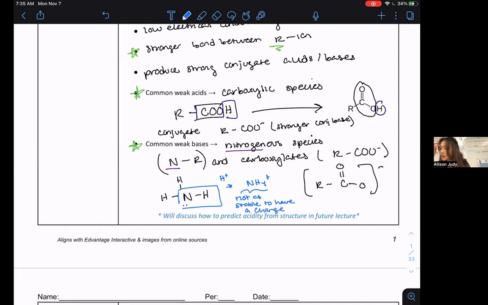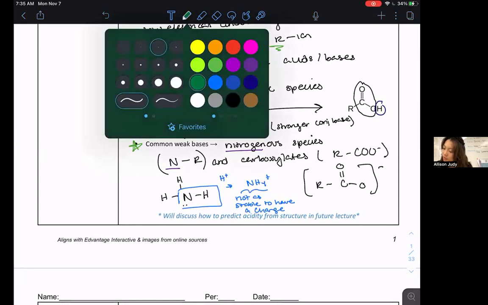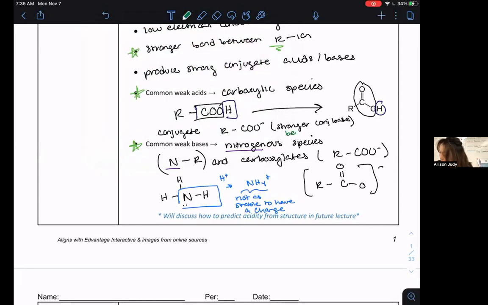And then I'll put a little note here above that better base than acid for kind of clarifying why the common weak acid carboxylic species example produces what we call a stronger conjugate base. But then we use that conjugate base as an example in the next section on common weak bases.